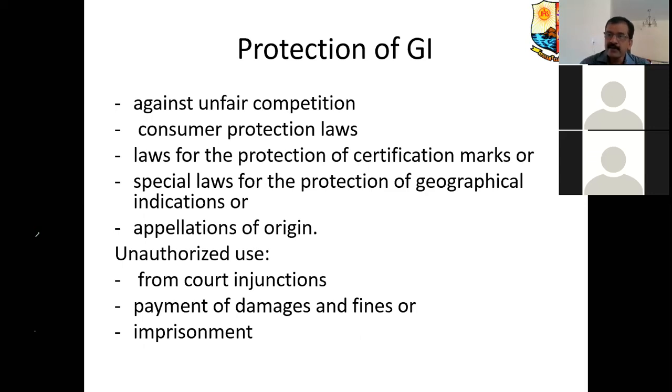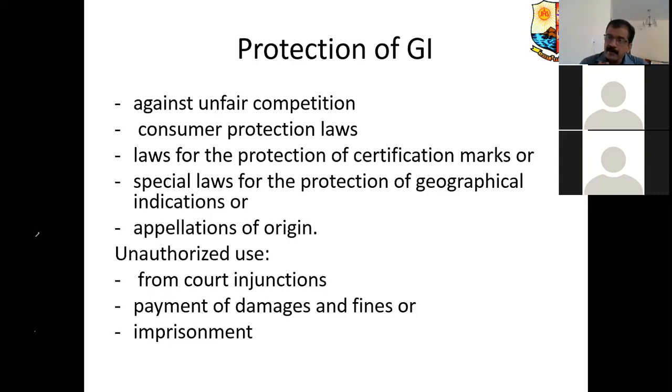It appears like an original item. Therefore, the law will give protection under all the sections: unfair competition, consumer protection, tampering of certification marks, geographical indication special rights. Similarly, the appellation of origin.